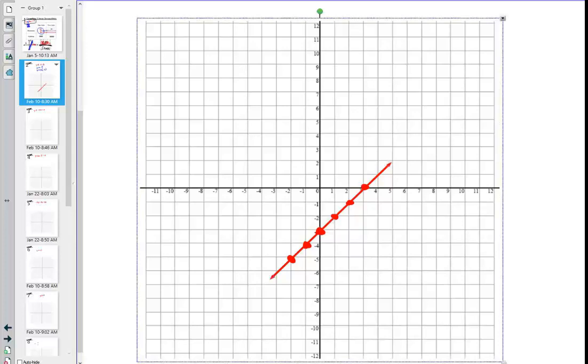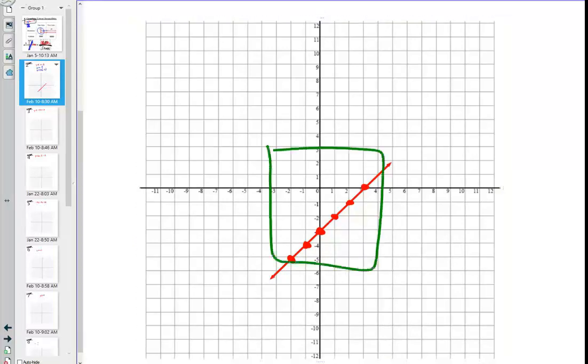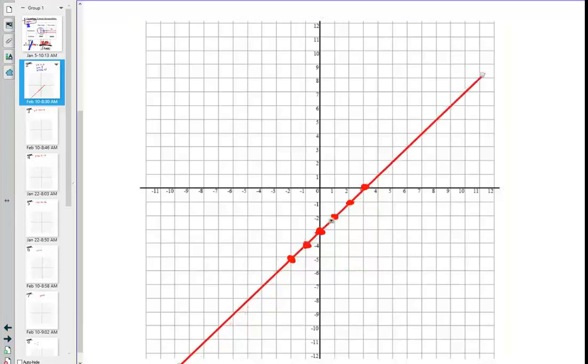But now I have to be able to define a space. So here, my space, what's called the window, extends 12 units in every direction. I need to be able to clearly split that space into 2 sections. Your window might be smaller, but however big your window is, make sure that you drag that line, or use your ruler, to take that line all the way to the edges of the boundary.